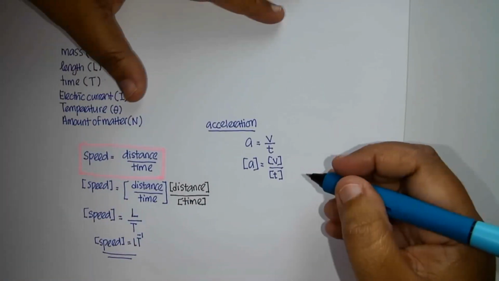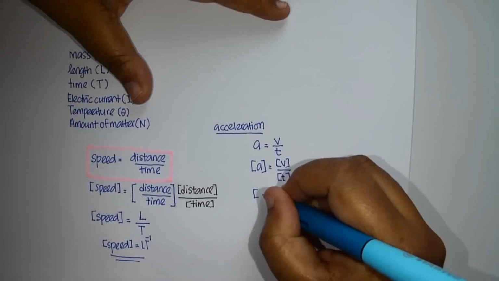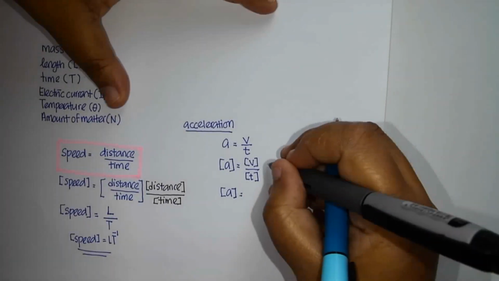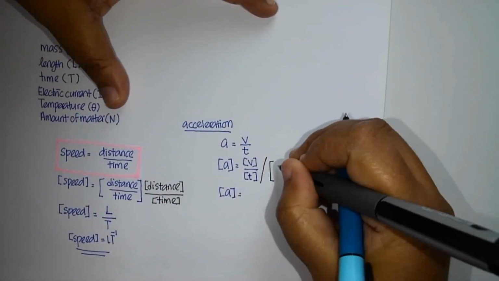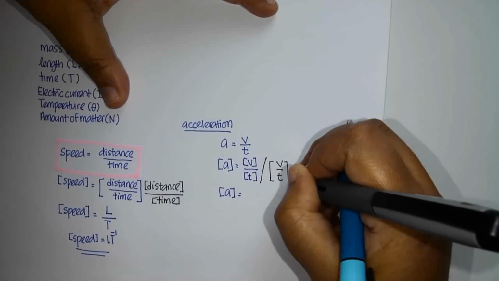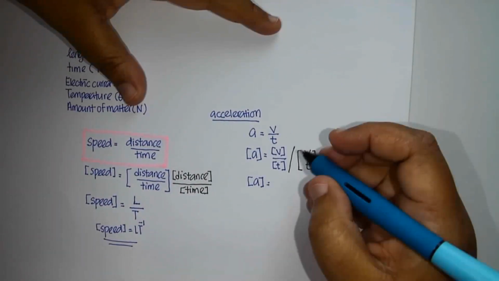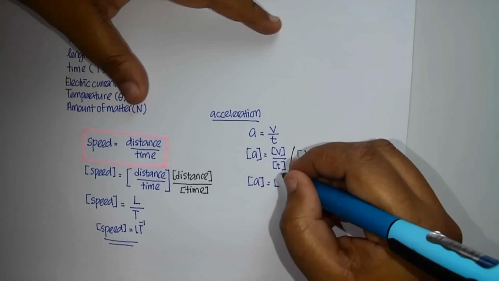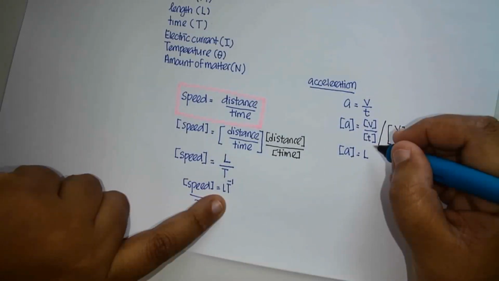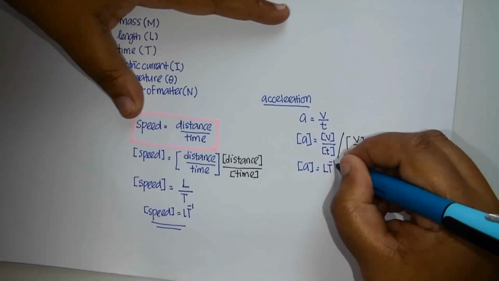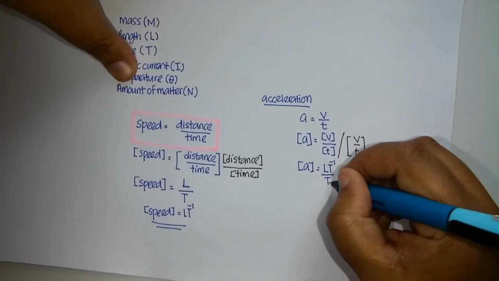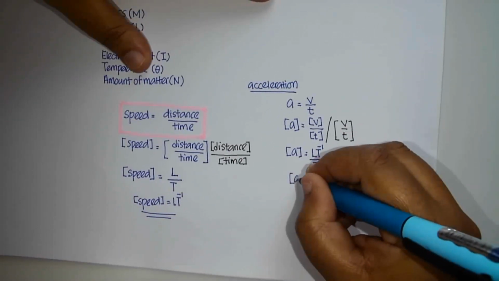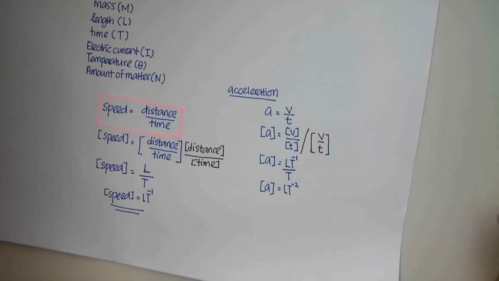Therefore I will get the dimension of a, which is the dimension of acceleration, is the dimension of v over t. The dimension of v is L T negative 1, divided by T. So I get L T negative 2.